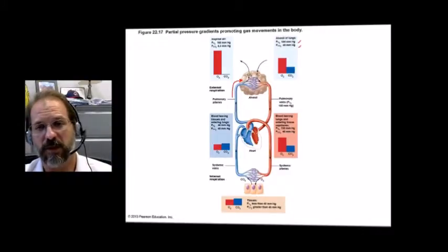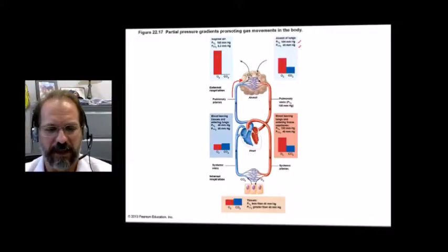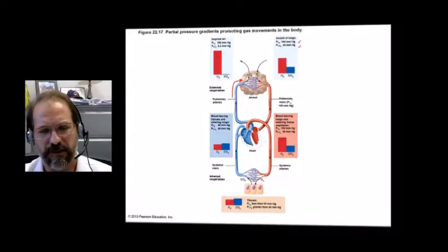That is enough to go ahead and cause the oxygen to diffuse into the capillaries, because in the capillaries we currently have a PO2 of only 40. So that's our gradient. This PO2 of 40 that we have in the systemic veins, pulmonary artery and pulmonary capillaries, comes from the fact that in the tissue spaces, the tissues are using up the oxygen, lowering the PO2, and here it says less than 40.